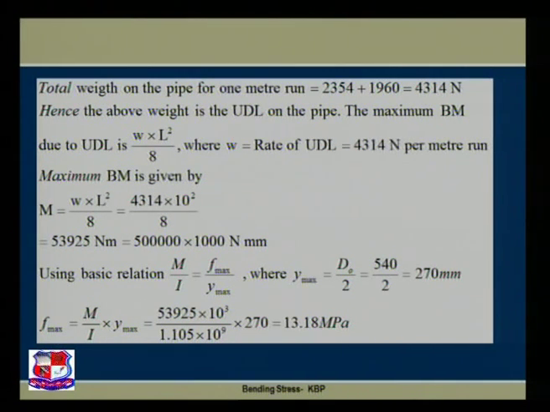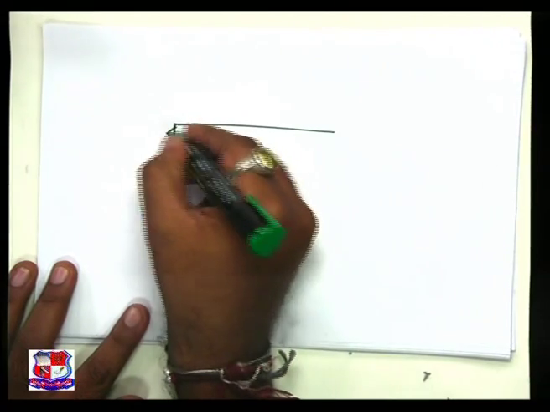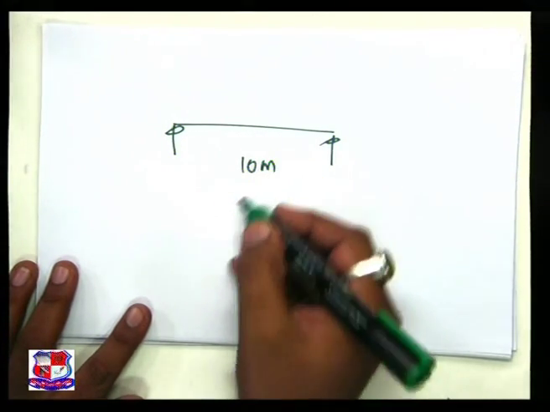So see the type of problem which is going to be asked. What did we do in this problem first, because everything is known. Let me revise this particular problem on this tabletop: a simply supported beam, length of 10 meter which is given to us.